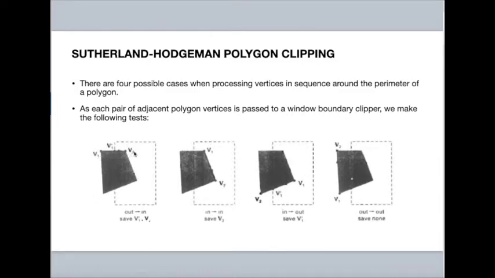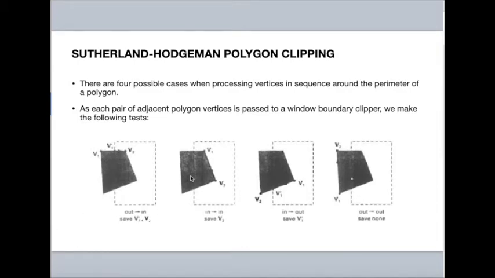In such cases, you discard v1 and you save only the vertex v2 and also the intersection vertex, that is the intersection of this line with the window boundary, v1 dash. So v1 dash and v2 are saved and v1 is discarded.